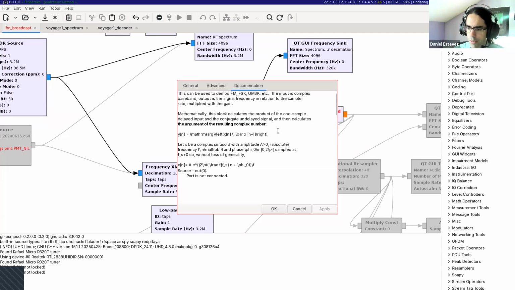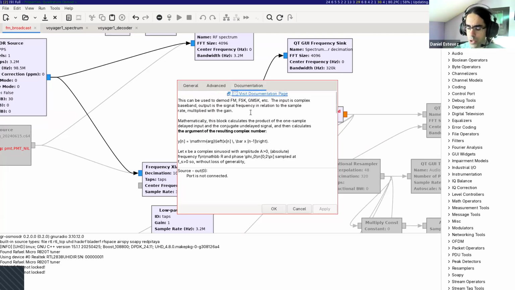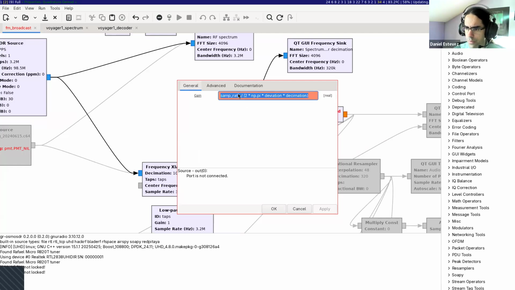The main thing you need to know about this block is the formula, which looks complicated because it's written in LaTeX. If I tell you the formula in words, maybe it's easier. It computes the phase difference between a sample and the previous one. That's basically the instantaneous frequency, because instantaneous frequency is the change in phase over time. It's like taking a derivative by subtracting two neighboring values when you use discrete time sampling.